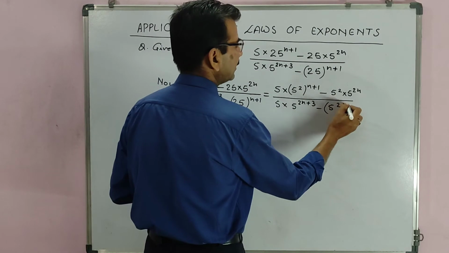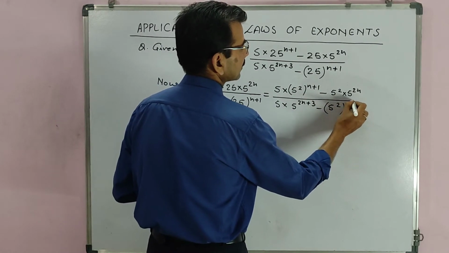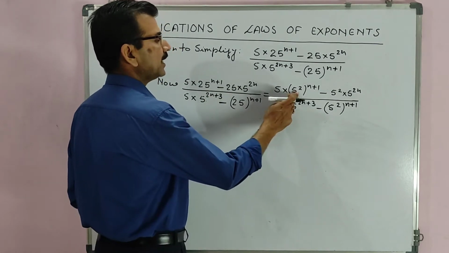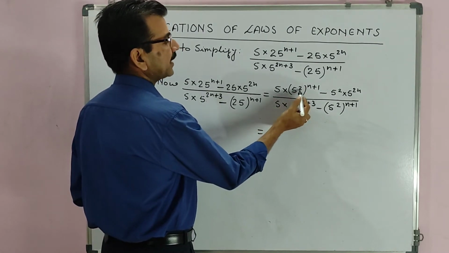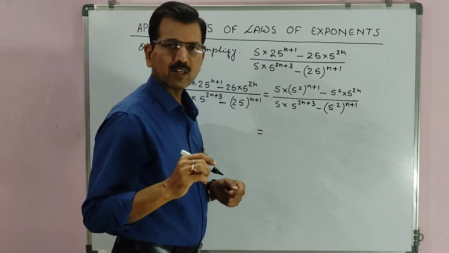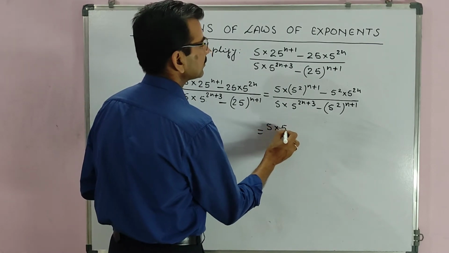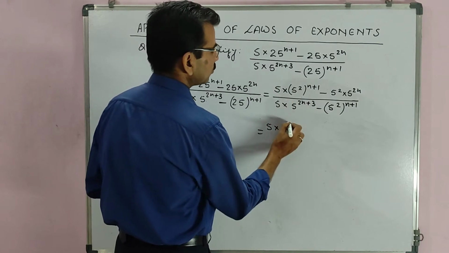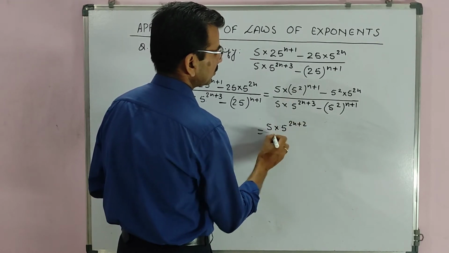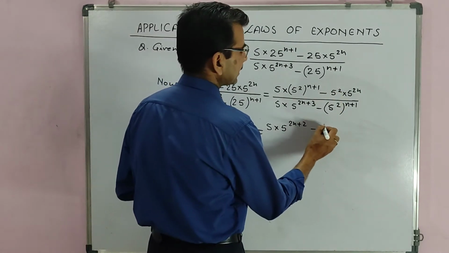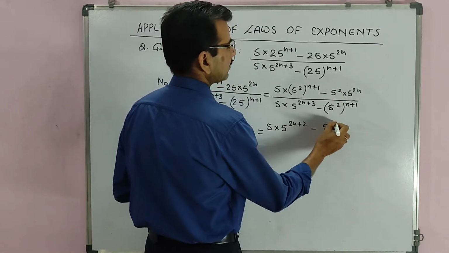So 5 square n plus 1. Now here again, the power inside and outside we can multiply by using the laws. You know which law it is? 5 into 5 raised to power 2n plus 2 minus. Here what we can write as it is, let us write here 5 square.